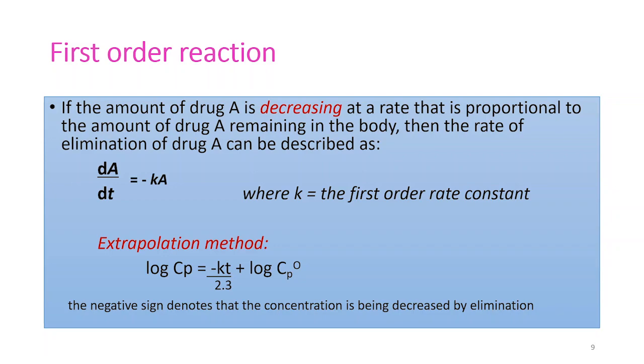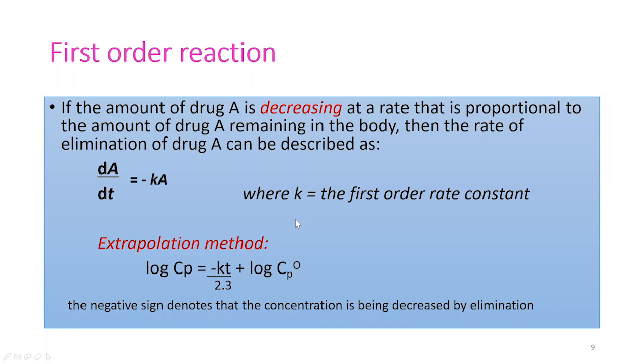Now, if the amount of drug A is decreasing at a rate that is proportional to the amount of drug A remaining in the body, then the rate of elimination of drug A can be described as dA/dt equals negative KA, where K stands for the first order rate constant.